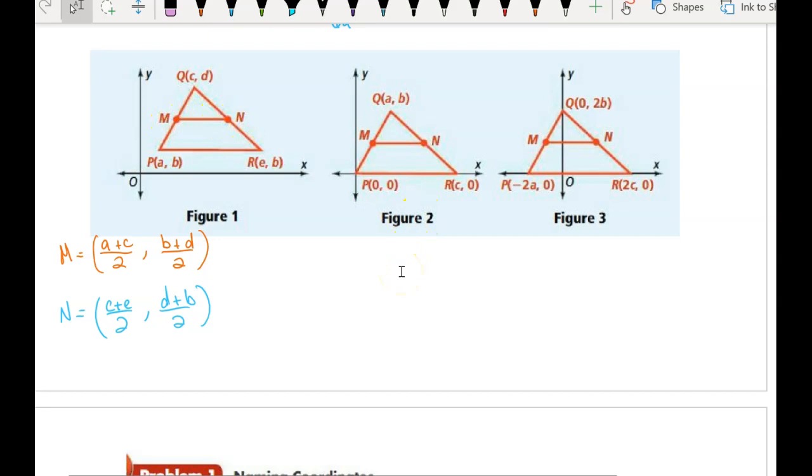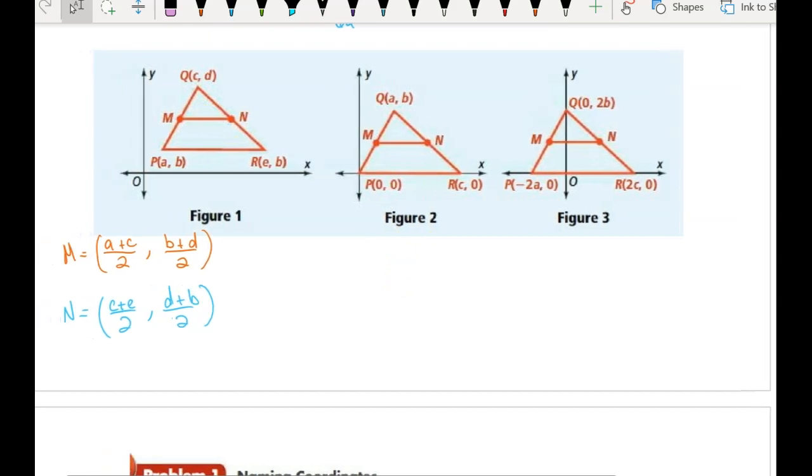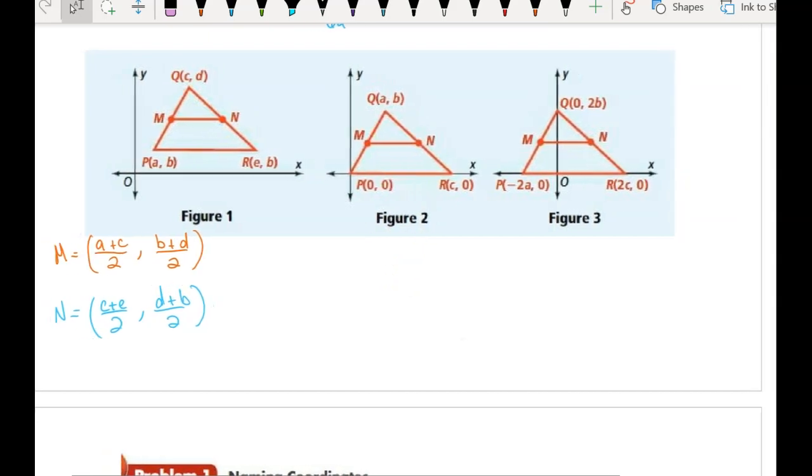So now let's take a look at figure 2. Now notice that this one, the base of the triangle is on the x-axis, and this corner over here is at the origin. So now PQR, we have A, B, C, 0, and 0, 0, I guess I should say.